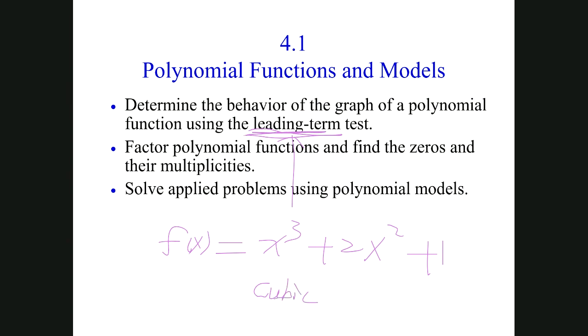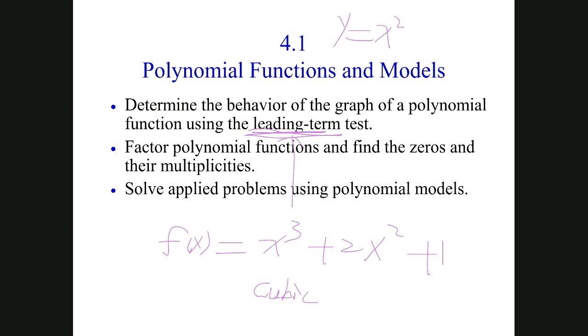If I have y equal to x squared, what do we call this? Since my highest power is only 2, we call this a quadratic. That's what we learned in chapter 3.